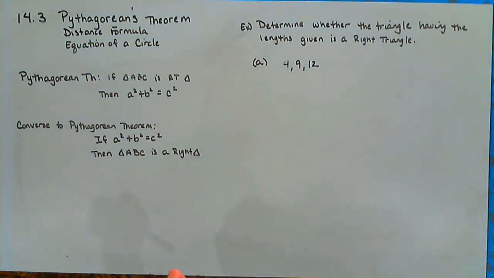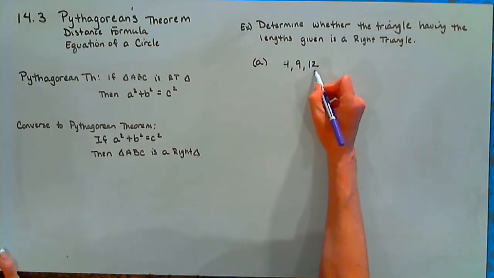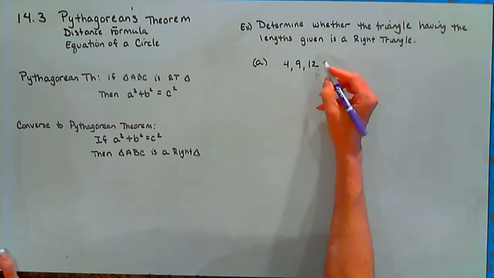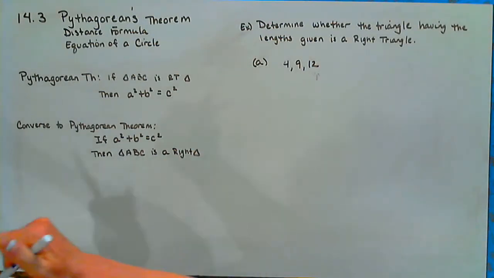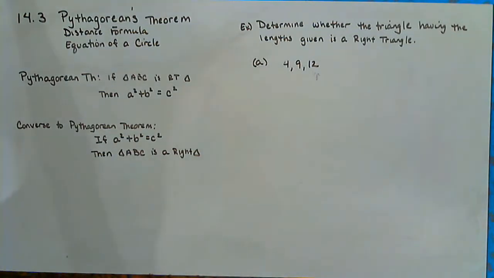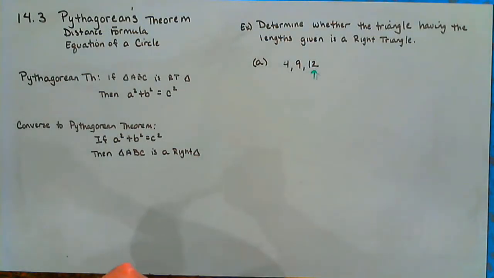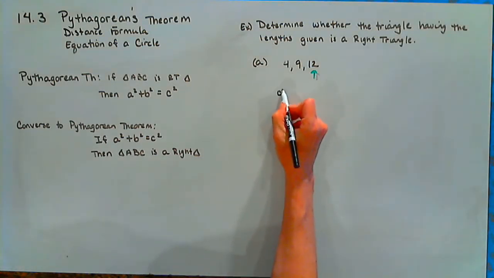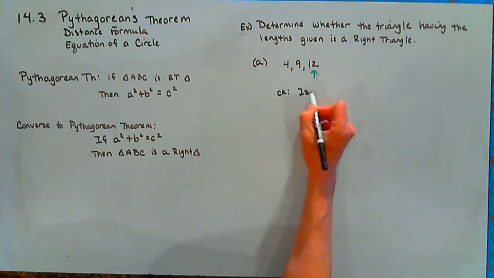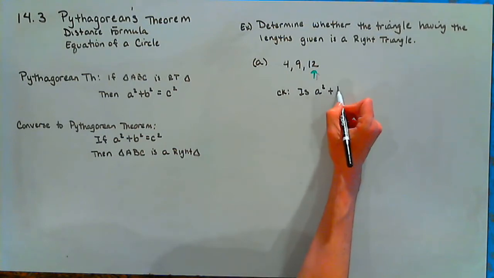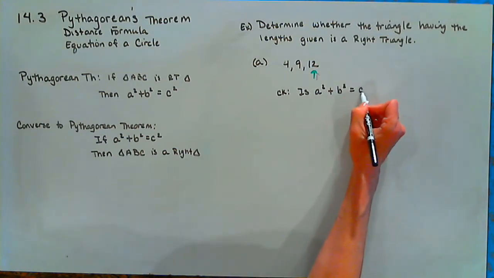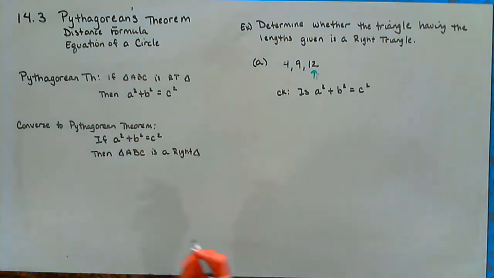Well, if this is a right triangle, we would have to check to see whether 12 is the hypotenuse, because it's the longest side. So we would have to use the 12 as a hypotenuse if it's a right triangle. So we need to check, is one side squared plus another side squared equal to the longest side squared?